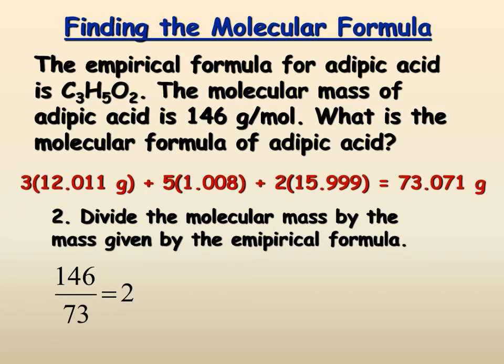To find the multiplier that you need to turn the empirical into a molecular formula, you take your known molecular mass and divide by the mass from your empirical formula. So 146 divided by 73 is 2, which means we need 2 empirical formulas to get to our molecular formula.